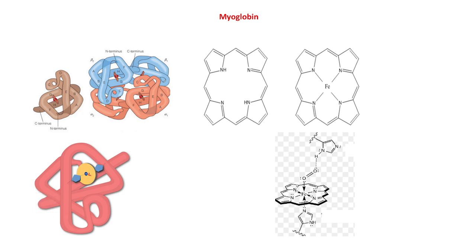The blue color structures are called histidine, the histidine amino acid. The yellow disc-like shape is called the porphyrin ring. This is the porphyrin ring structure.